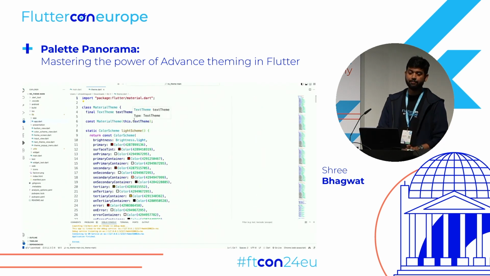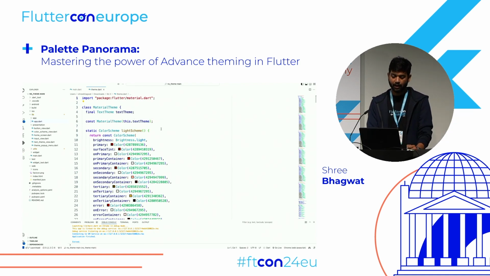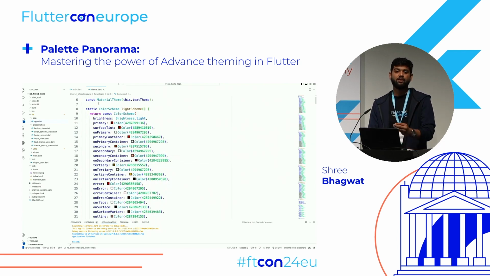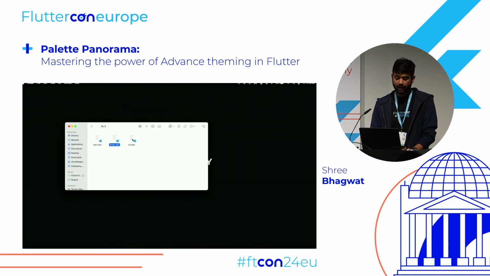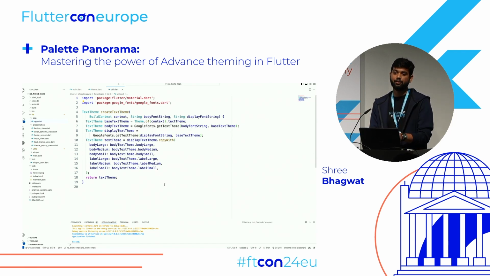Now, this theme has all the theme data that you have created usually on the web, and all you have to do is just use this theme data in your application. Just initialize this material theme and you're good to go. You don't have to do much. And you also have this utilities folder which creates a text style for you. How you have created the text and selected the font, on that basis, it will create a text style for you.